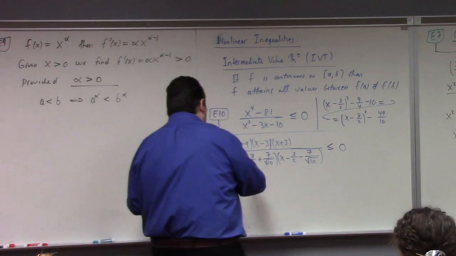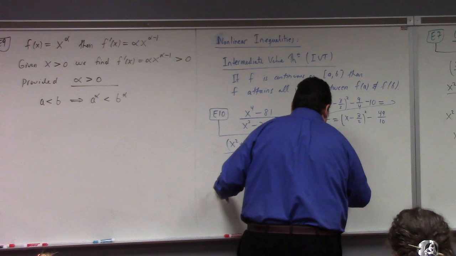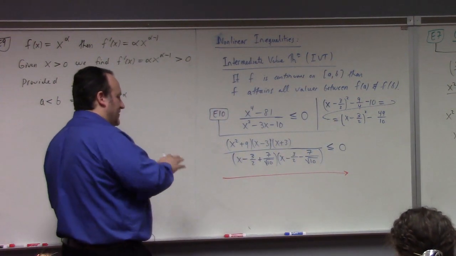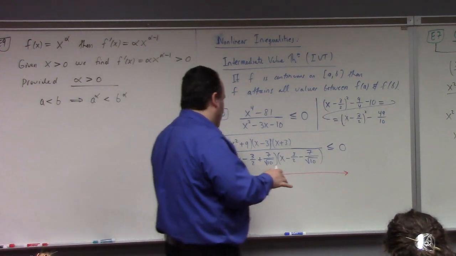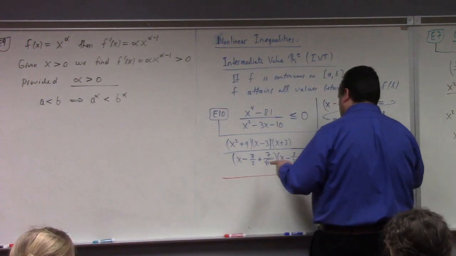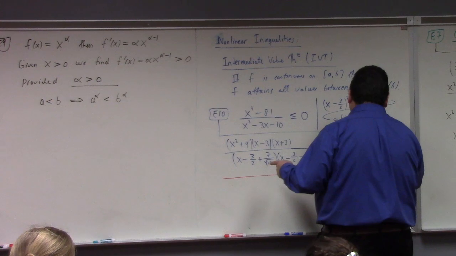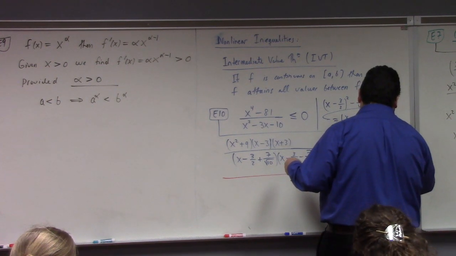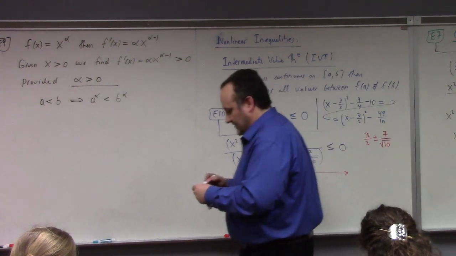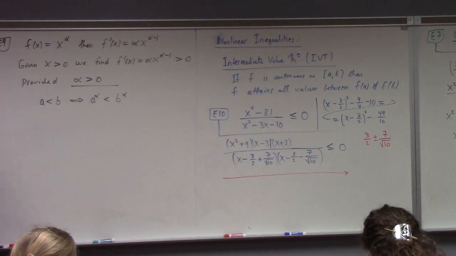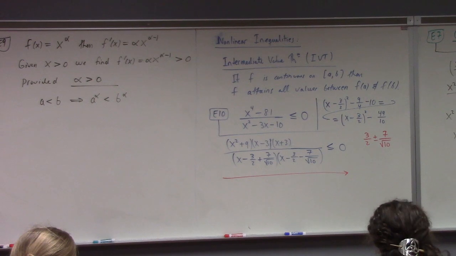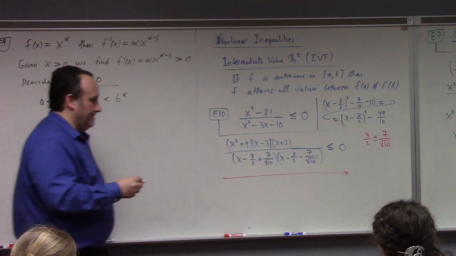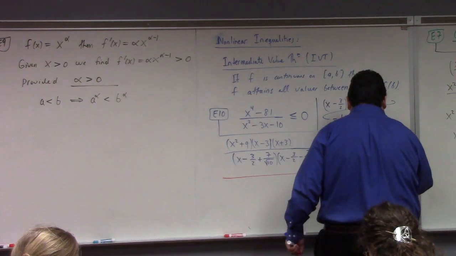So I can draw a number line down here. I put all my critical numbers. You guys are going to have to help me. Can you guys punch it in the calculator? Like, what's 3 halves plus or minus 7 over root 10? What's that work out to? And I need decimals because, you know, that's how we compare numbers. I mean, 3 and minus 3, that I understand, right? 4.66, or no, sorry, that's wrong.